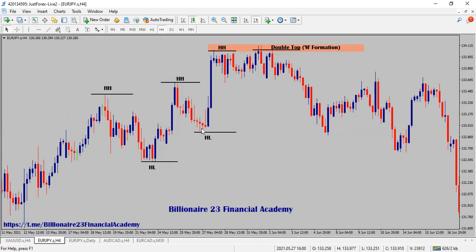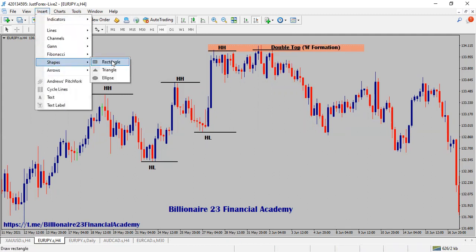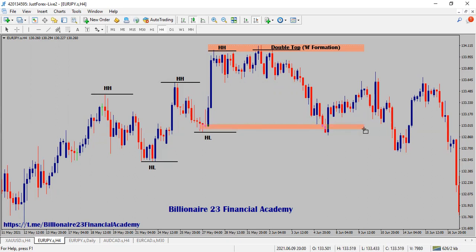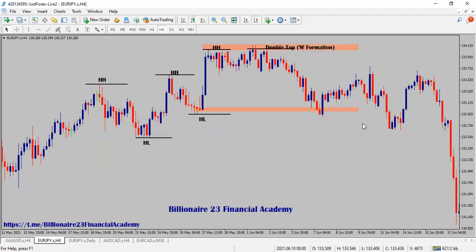So where was the high low broken? Let's check. The high low was broken here. So this phenomenon told us that potentially the trend is about to change, and it did.